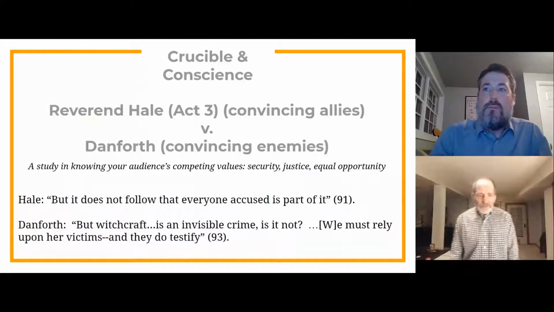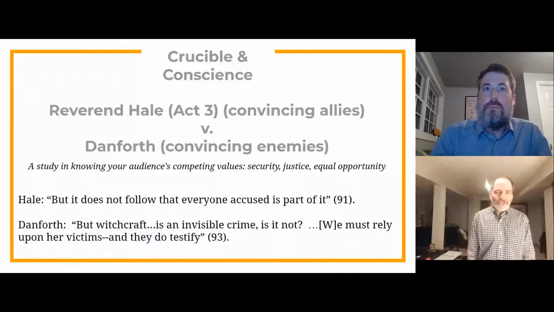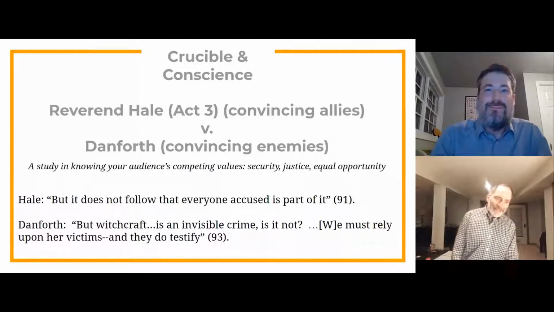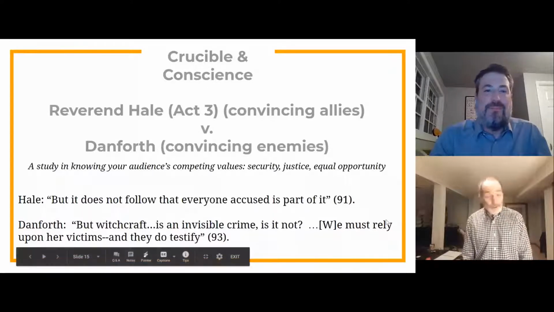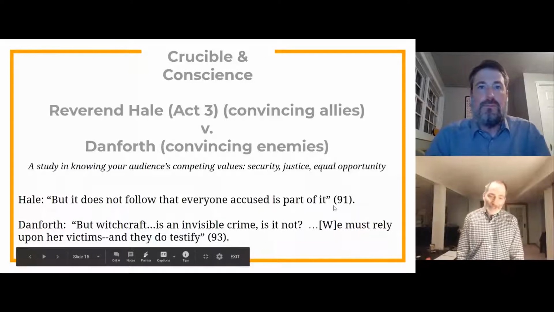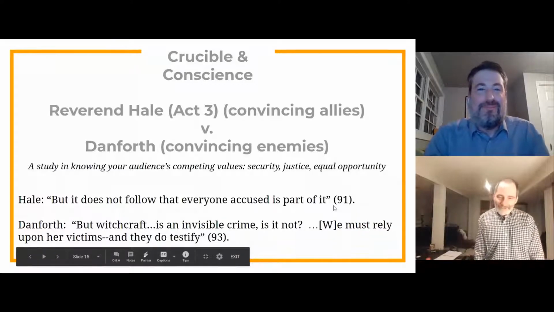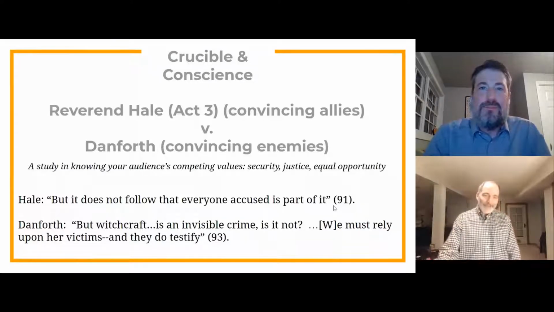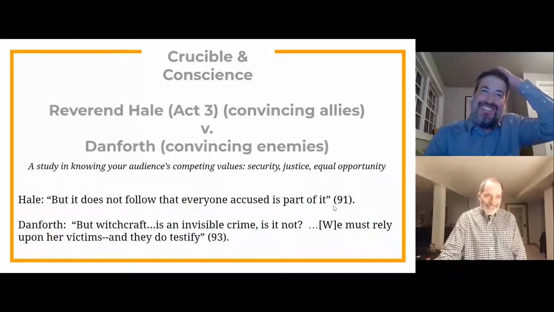So I mentioned we read The Crucible, and The Crucible is a really good study in how not all audiences are created equally, because if you are looking for witches, you're going to find witches. And if you're looking for justice, well, in The Crucible, you're not going to find it, but you can look for it and you might find an ally.